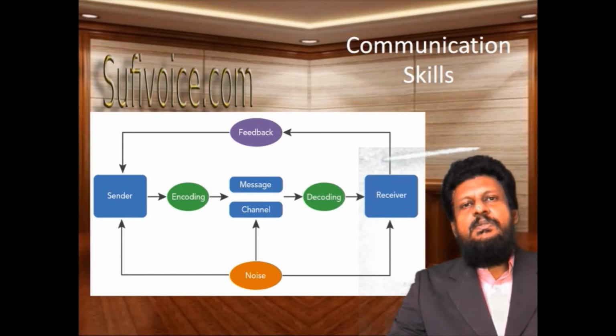Let your voice tone, your modulation be audible and clear. Second, avoid any grammatical mistakes when you are communicating. Third, avoid jargons. What are jargons? Jargons are a set of words which are non-specific to one group of people.